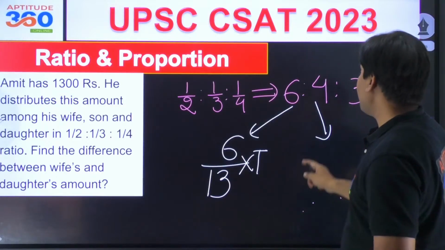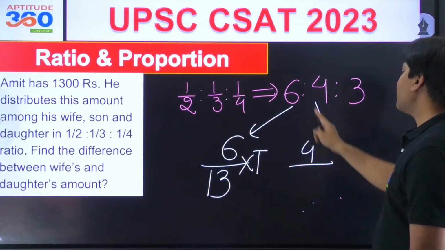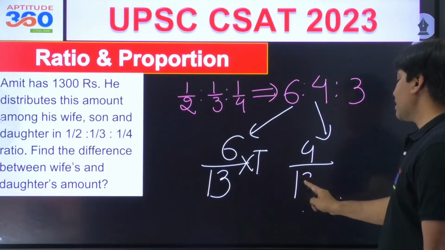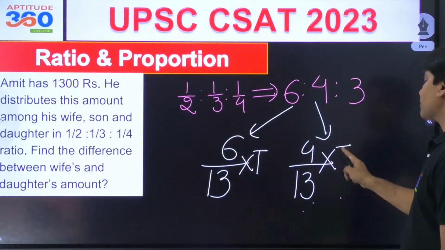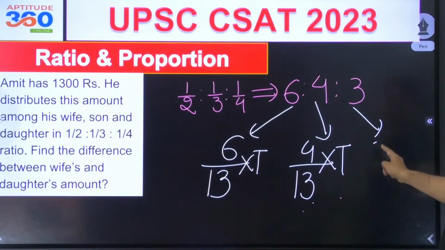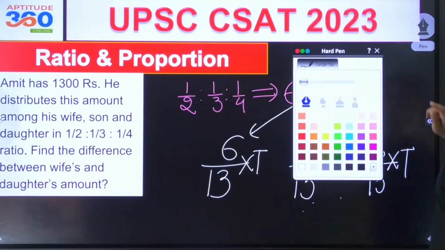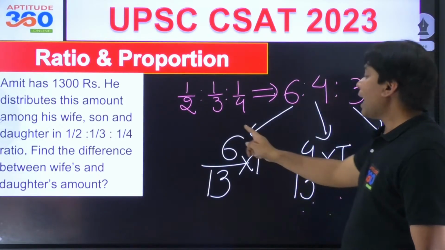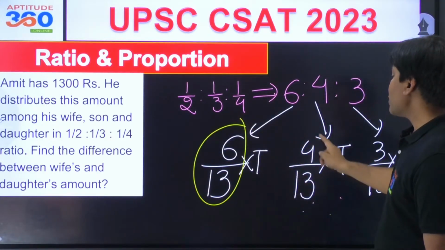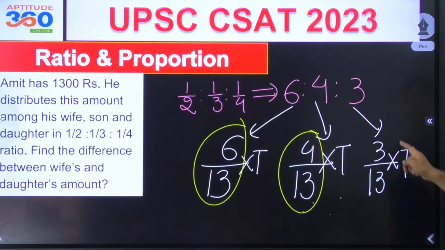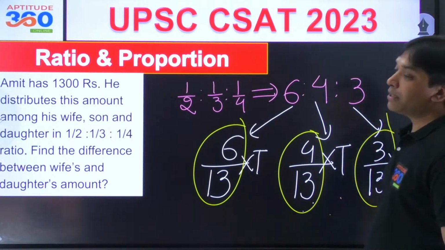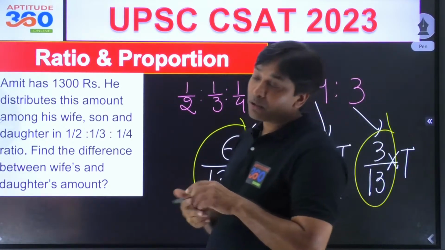Son. Son will be getting 4 by 13 of total. And the third person is going to be getting 3 by 13 of total. Through this problem, I would like you to understand as to how I am writing 6 by 13, 4 by 13 and 3 by 13.